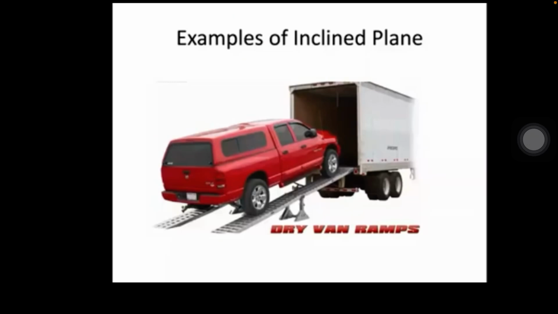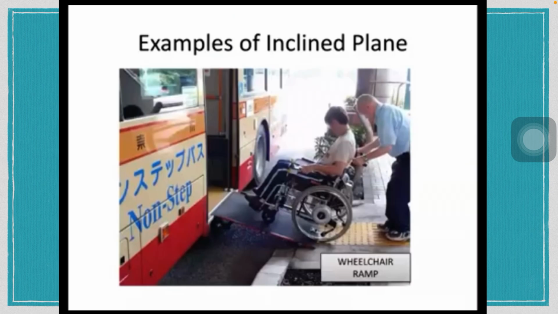Examples of inclined plane: as you can see, this drive-in ramp is used to take the load into the truck for loading. So this plane is called an inclined plane. Here also an inclined plane is used, a wheelchair ramp, as you can see here, to move from one level to another.